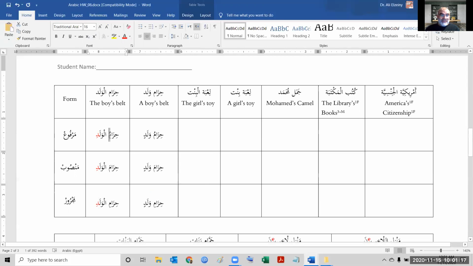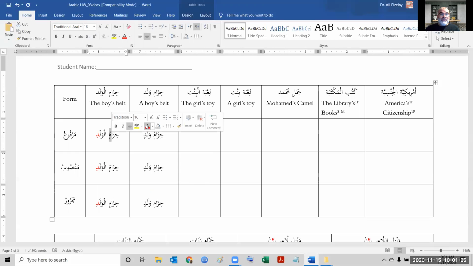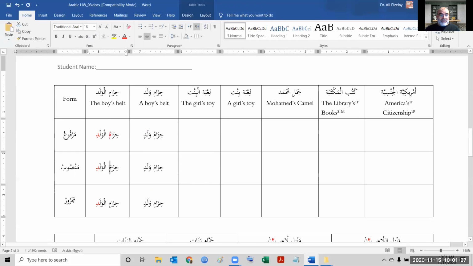But this one changes. This is, if it's marfu', مرفوع, فتحة if منصوب, كسرة if مجرور. Okay.